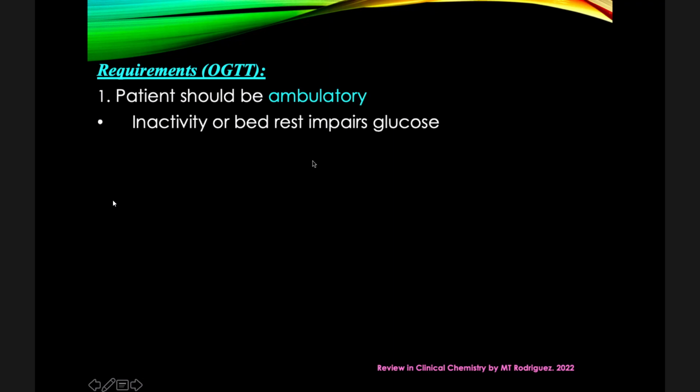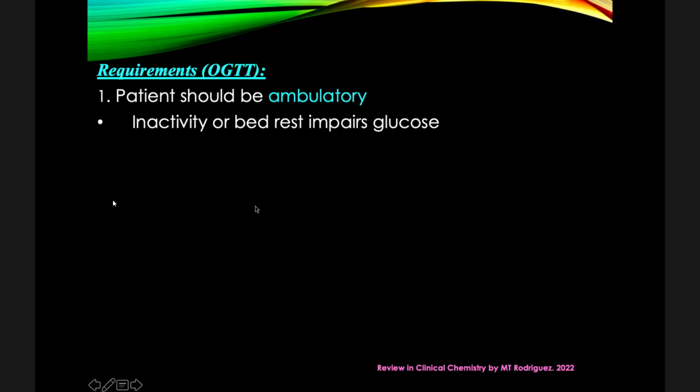So, ibig sabihin, ma'am, hindi siya pwede sa mga persons that are disabled, yung naka-wheelchair. If the wheelchair is temporary because there was an accident, hindi siya pwedeng mag-OGTT while on wheelchair. Jump, run, swim, dance alone, pwede rin siya magpa-OGTT because this is only requested for ambulatory patient.